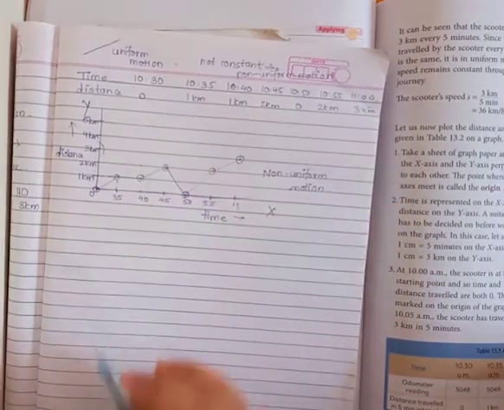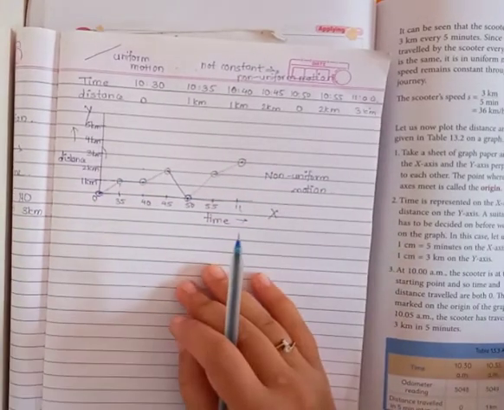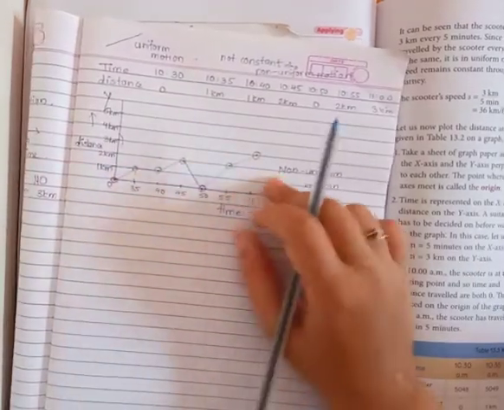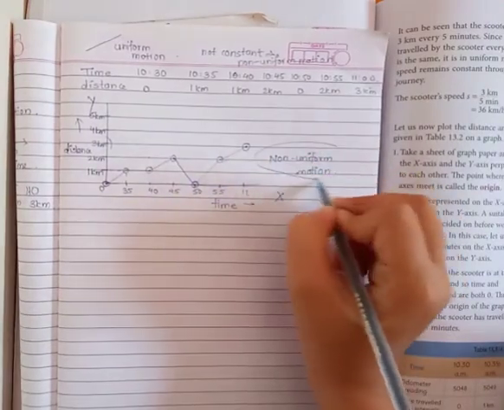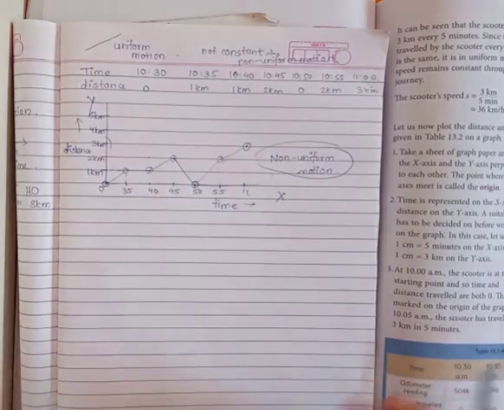So we have just joined them. You can see that the graph doesn't have any specific shape, it is irregular. This graph is not regular, hence it represents non-uniform motion.